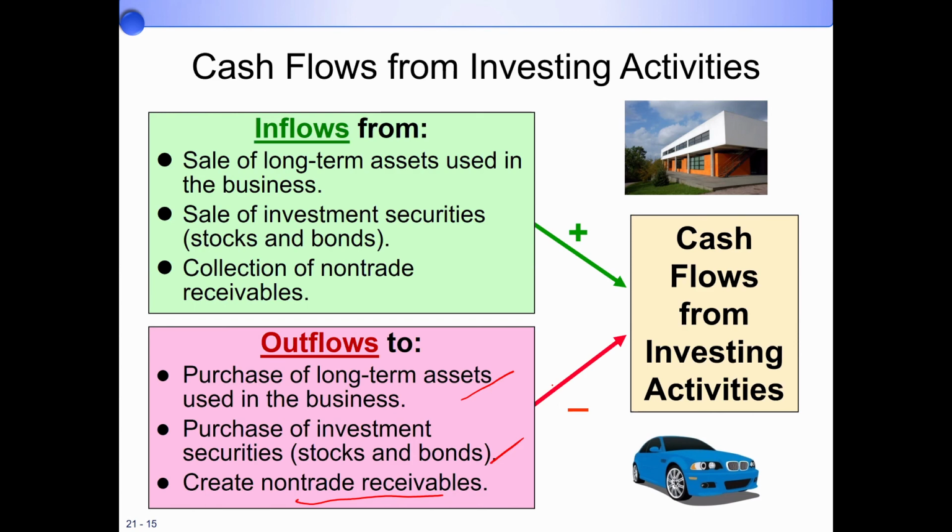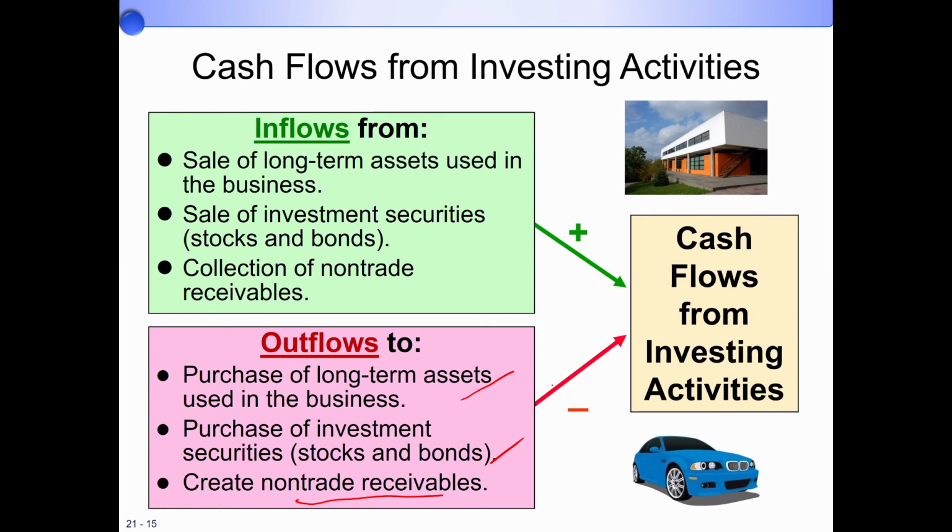So what is a non-trade receivable? For example, we have a lot of cash, and someone wants to borrow money from us, so we lend money to another company. Remember, this is not a bank, just a regular company that has a lot of cash. They want to borrow money from us, and we can earn a little interest.